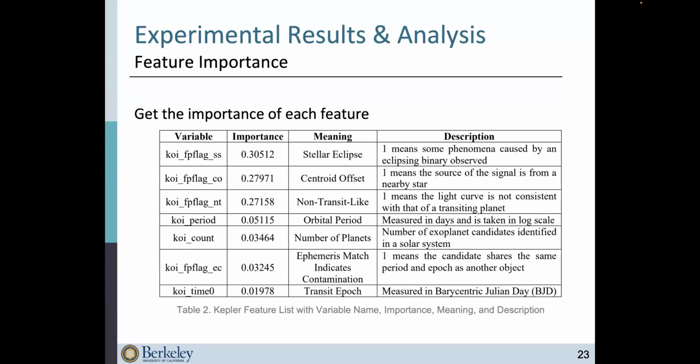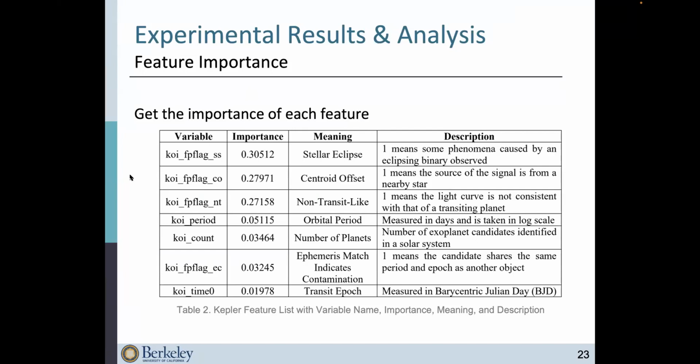For example, the variable KOI FP flag SS has an importance of 0.3, and it is a stellar eclipse flag. One means some phenomena caused by an eclipse in a binary were observed, so it's just a flag.